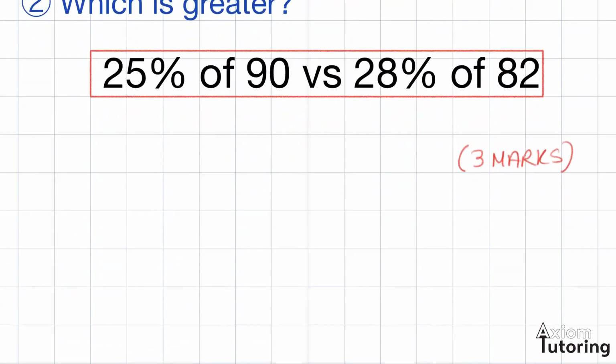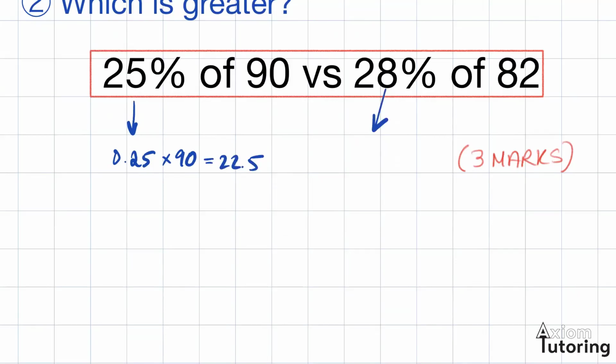25% of 90, the multiplier for 25% is 0.25, and we multiply that by 90. 0.25 times 90 is 22.5, and we want to compare that to 28% of 82.